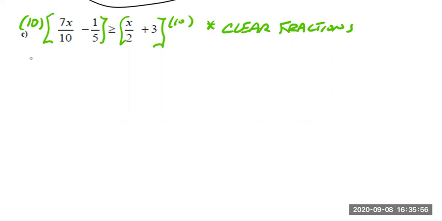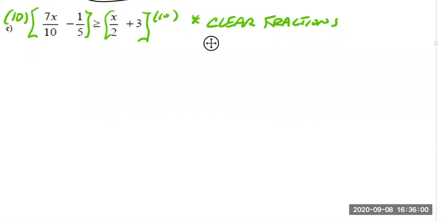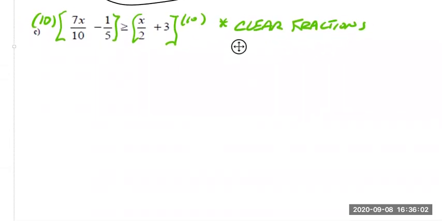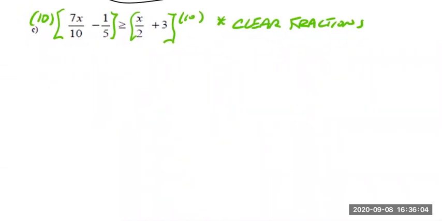Again, when we multiply with fractions, we want to take advantage of the canceling, so that here we multiply by 10. The 10 in the denominator will cancel with the 10 we're multiplying with, and we're going to be left with 7x.